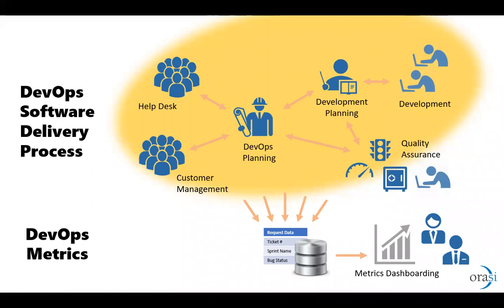So a DevOps planner might create the epic, which identifies a general aim, and then a development planner will break that down into individual sprints and releases and cycles in order to identify the minimum viable product that we can create in each stage, to break it up into small little pieces that can be developed either in sequence or in parallel in order to create a piece of functionality that produces some business result against that epic.